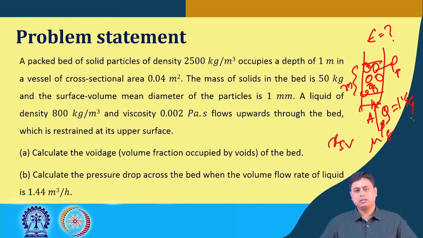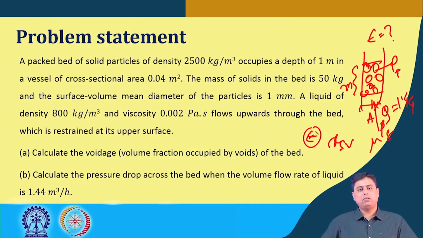So, how do we solve this? Do we know the flow region? Because if that is clear, then we can either use Koenig-Karman or Burke-Plummer, but here that is not clear, because eventually this voidage information is unknown, because Reynolds number calculation involves this voidage. So, without that calculation, let us use Ergun equation here, because that encompasses the whole region, for the pressure drop calculation.